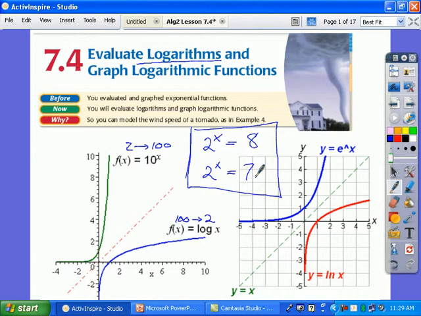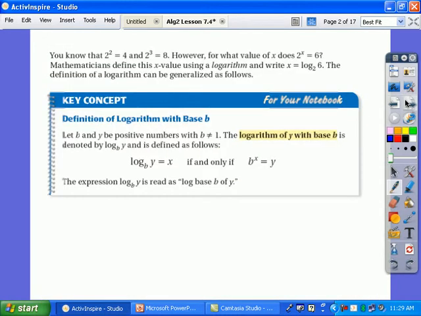So, this is the definition of a logarithm. If you have any hope at all of understanding the next 3 sections, it's going to start with memorizing this relationship. So, a logarithm is just another way to rewrite an exponential form problem.